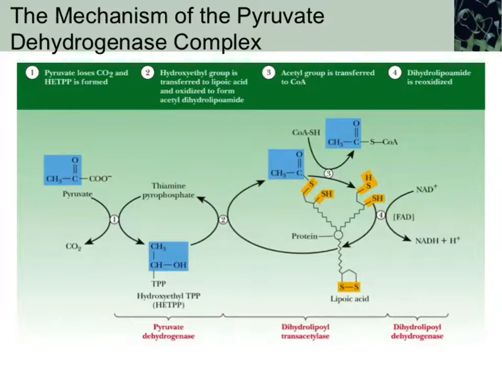We start with our pyruvate. Pyruvate reacts with the enzyme. Okay? And in particular, what molecule is it reacting at within the enzyme? Our thiamine pyrophosphate, which was vitamin B1.